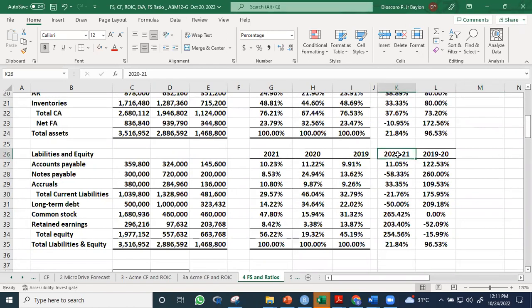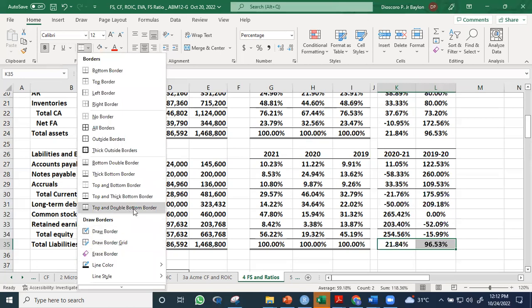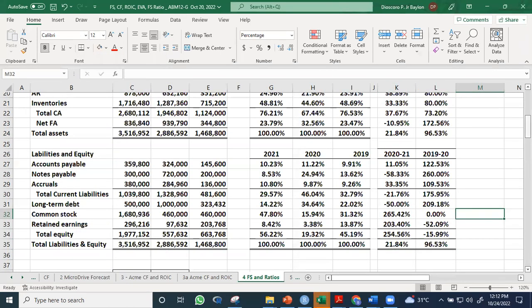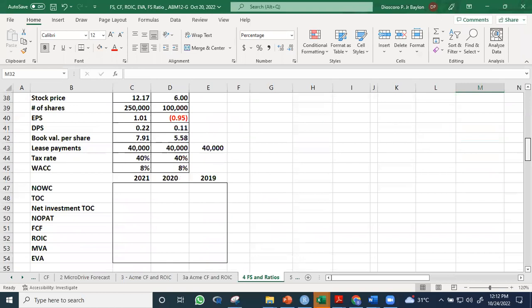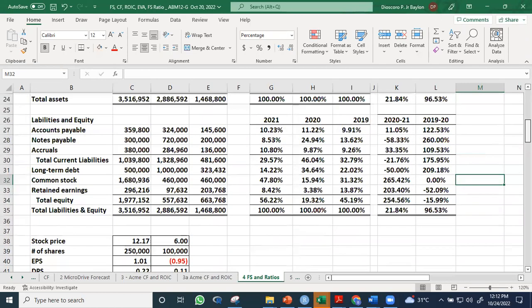Remember to put here yung mga borders, no? Okay? So, let me see kung may question.